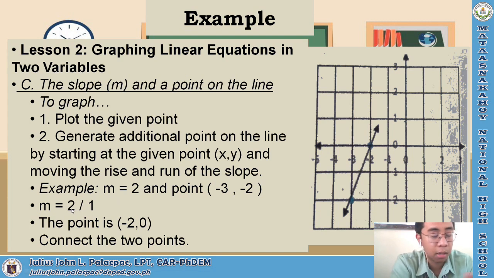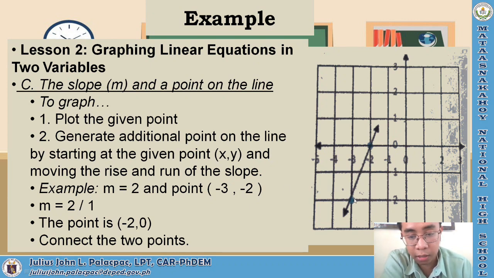So that we will easily recognize the rise over run, because the formula for slope is rise over run. So the numerator is the rise part and the denominator is the run part. If the numerator is positive, go up. If the denominator is positive, go right.